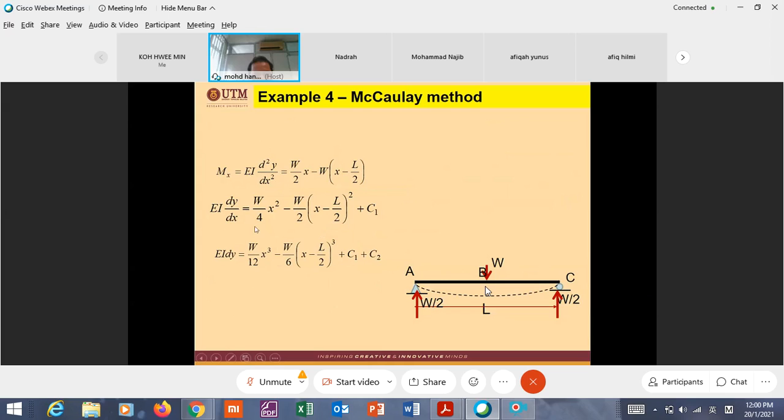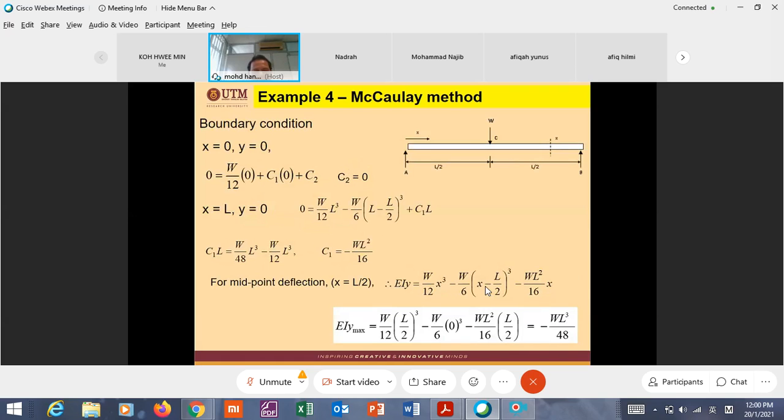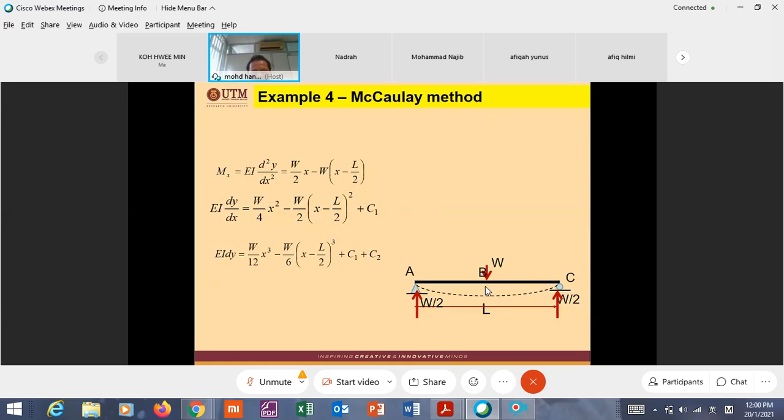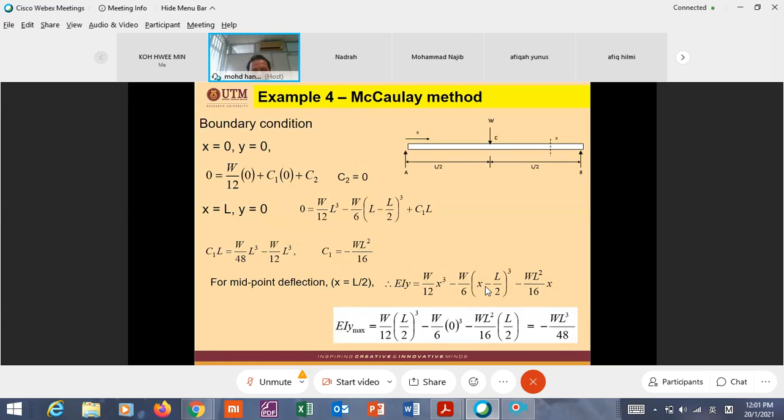Then we apply the boundary conditions. When x equal to 0, y equal to 0, this is the boundary condition. Then C2 equal to 0. When x equal to L and y equal to 0, this is the boundary condition again, 0 equal to and so on. Therefore C1 equal to WL squared over 16. I don't have to go into detail.